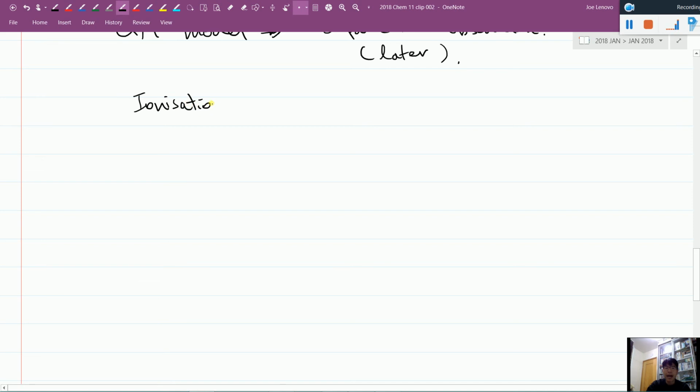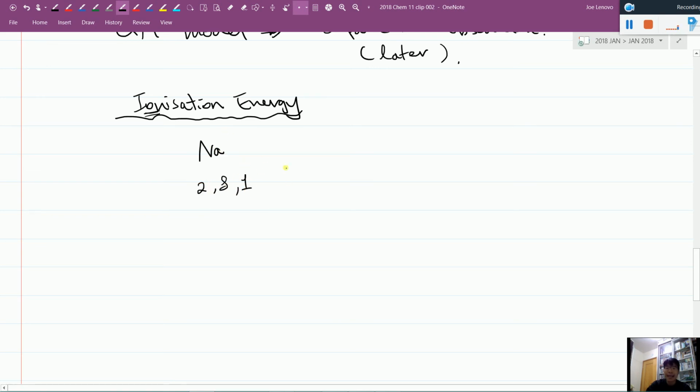We call them ionization energies. And ionization energy is the energy that you put into atoms to take away electrons. Ion means that you make them into ions. So, I always like to use sodium. Sodium is 2, 8, and 1.